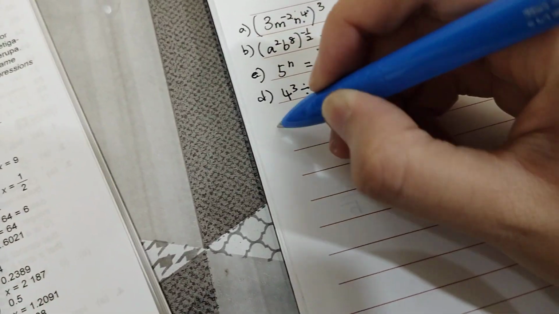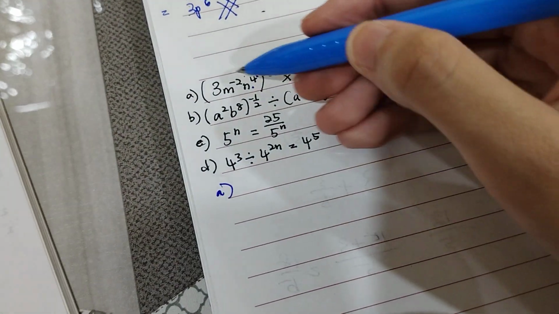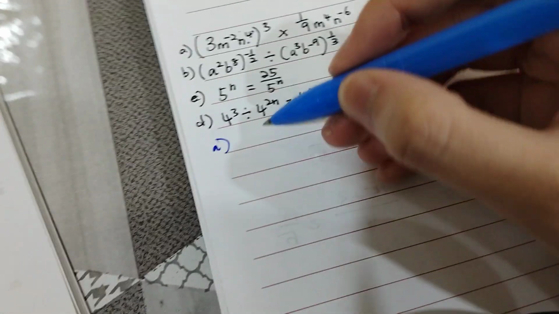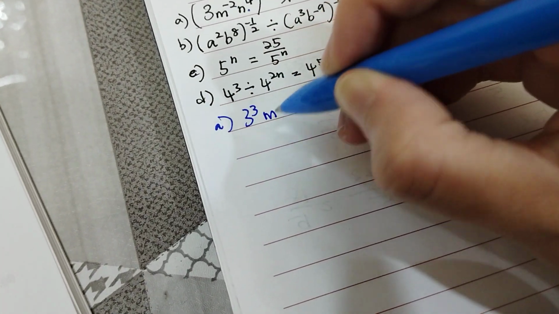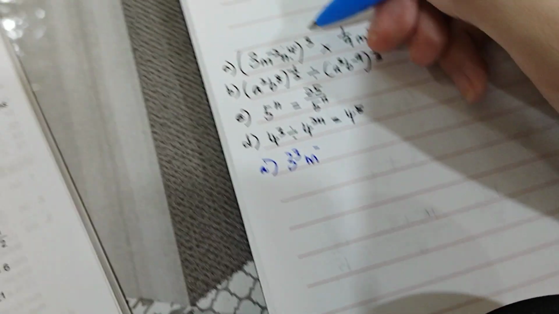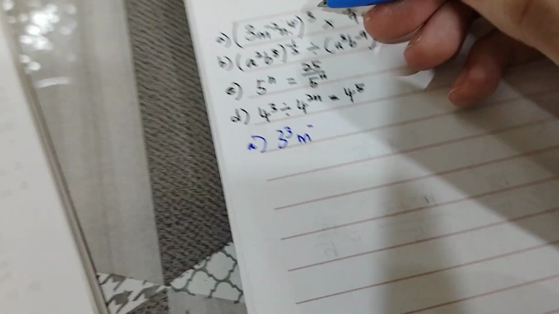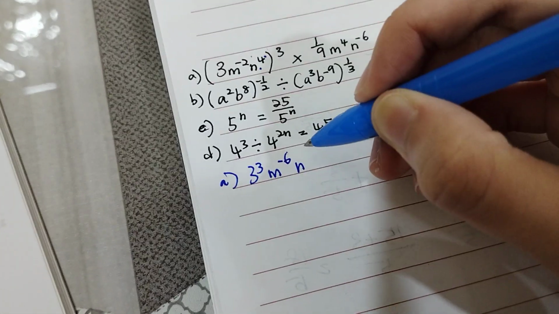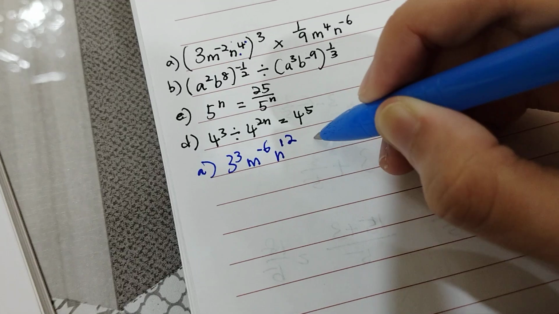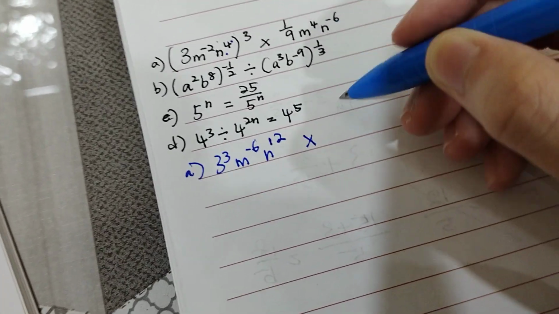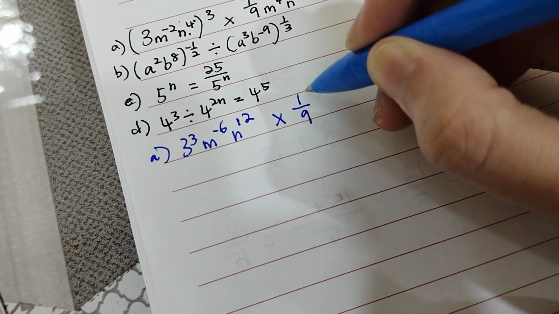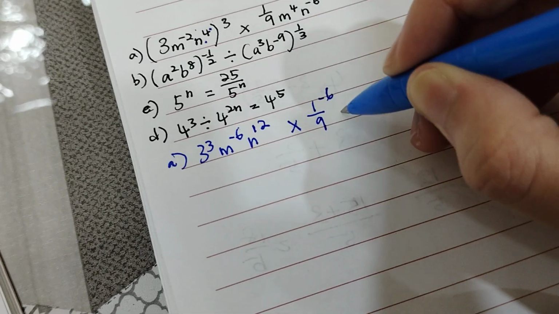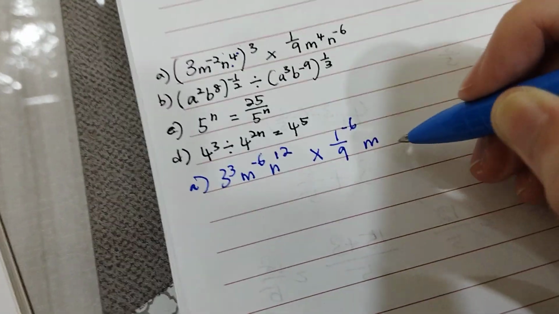So first we're going to apply the power 3 to everything. So 3 to the power 3, m to the negative 2 power 3. This is a times relation, so 3 times 2, that is negative 6, and 4 times 3, that is 12, times 1 over 9, m to the 4.